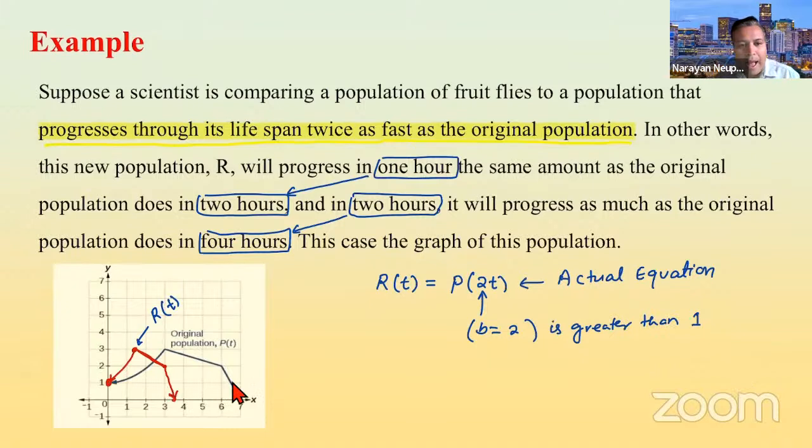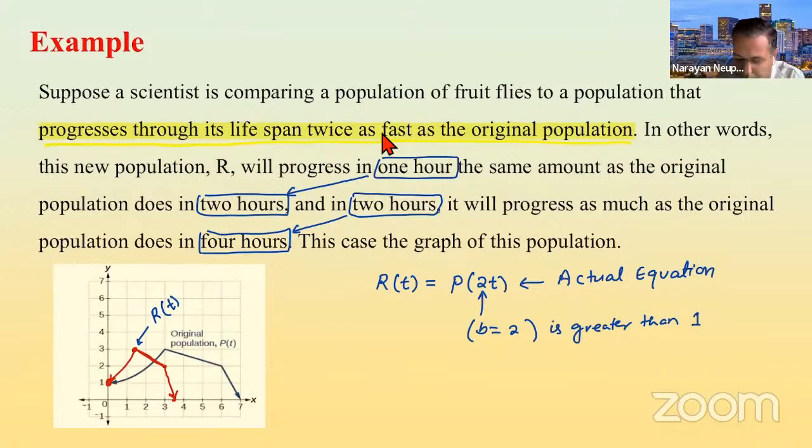And if you look at the graph here, the graph gets compressed. That's why the true equation should be r of t equal to p of 2t, if you are asked to write the equation. In this problem, you are not asked to write the equation, but if you are, this is how you'll write it. It is r of t equal to p of 2t, because you can see the new population progresses twice as fast.